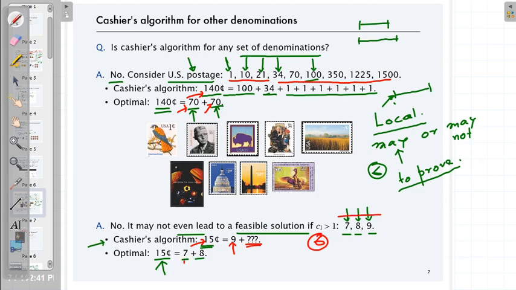But if we go by another algorithm, it might choose 7 and 8, and with that $15 can be matched. So this was the overall idea of the cashier's algorithm.